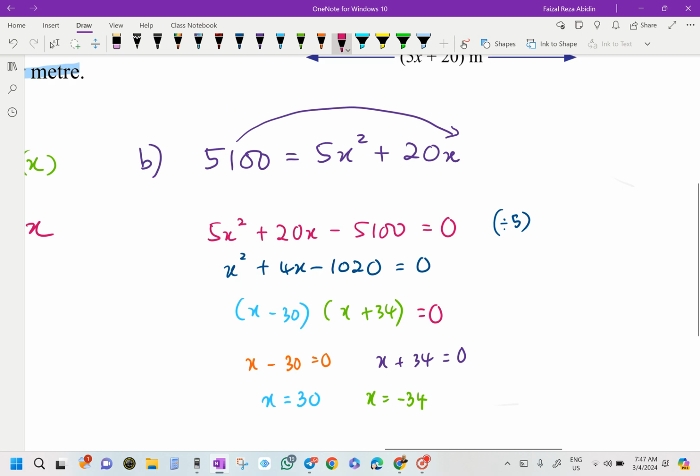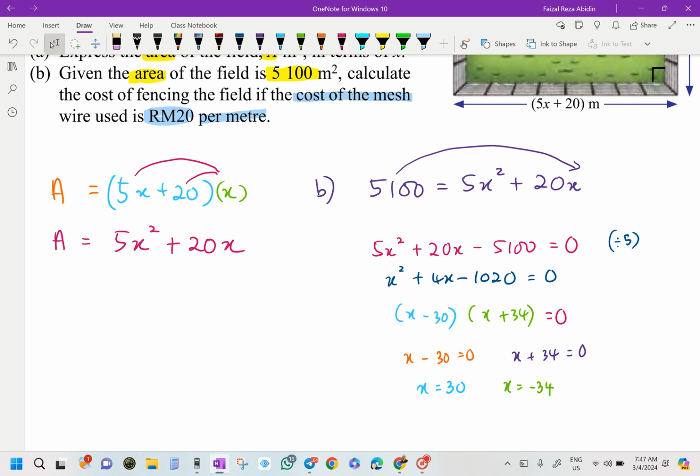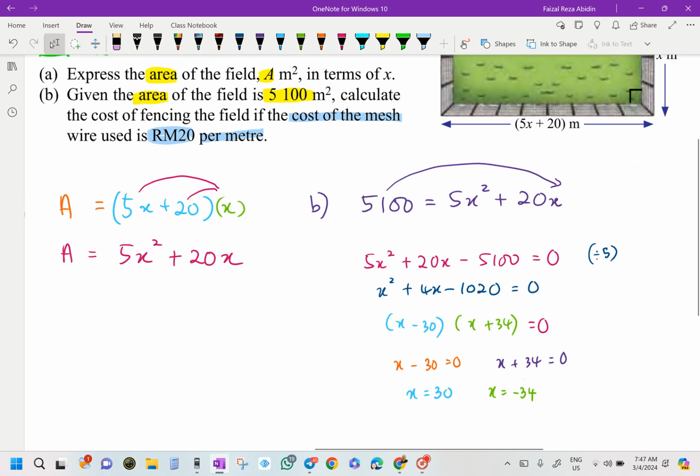If you look at the question, it is asking to calculate the cost of fencing. How to find the cost of fencing? Perimeter, right? We need to know the length for all the wire mesh.